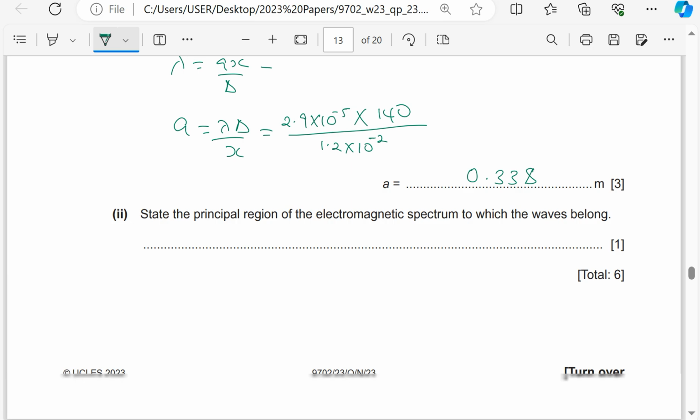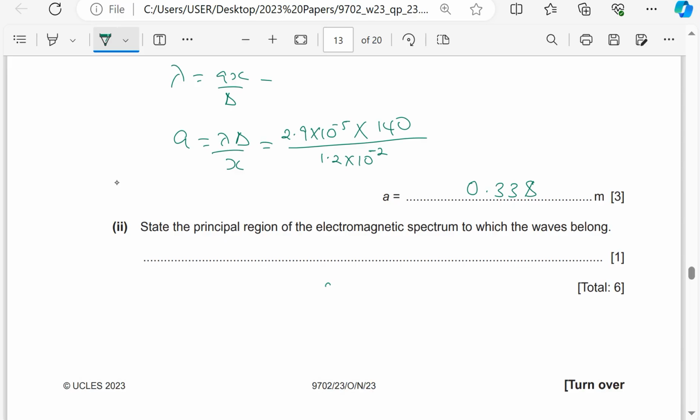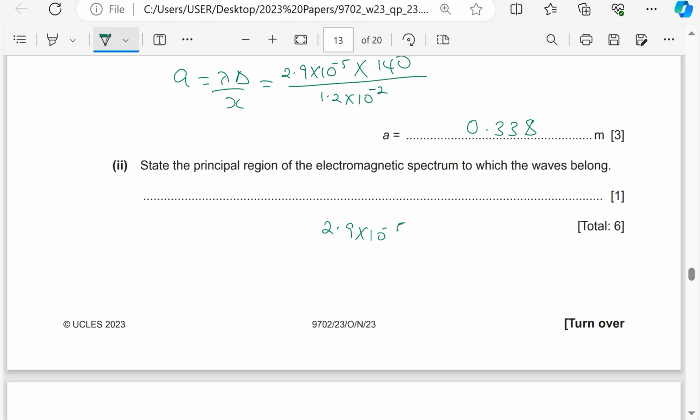State the principal region of the electromagnetic spectrum to which the waves belong. We just look at the wavelength. The wavelength is 2.9 times 10 to the power of minus 5. If we look at the electromagnetic spectrum, Reed's mother is visiting Uncle Xavier's garden.